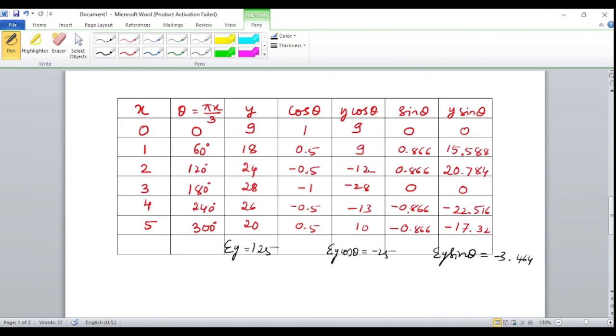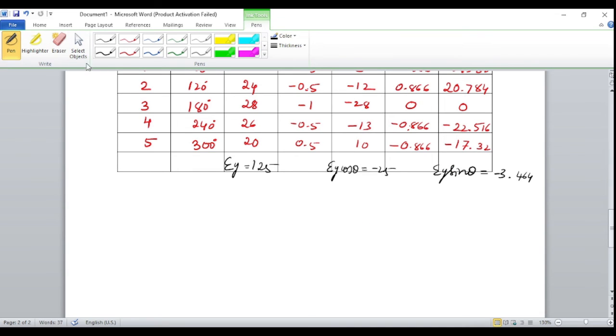Okay, now let us calculate the values of a naught, a1 and b1. The value of a naught is equal to 2 by n, where n is 6, so 2 by 6 into the summation of y, 125, which is equal to 41.67.